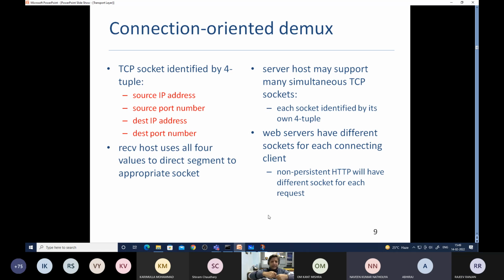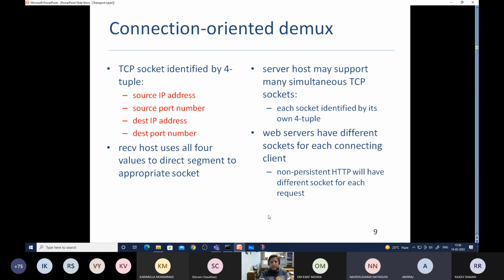So if packets are getting lost, you need to keep a record of how many packets have been received in order and how many packets are out of order. So a single socket is not able to handle all the clients. What is going to happen is that for different clients, there would be different sockets open.